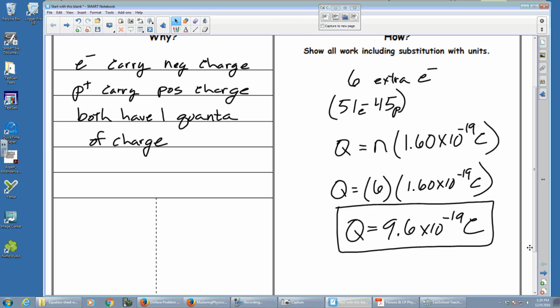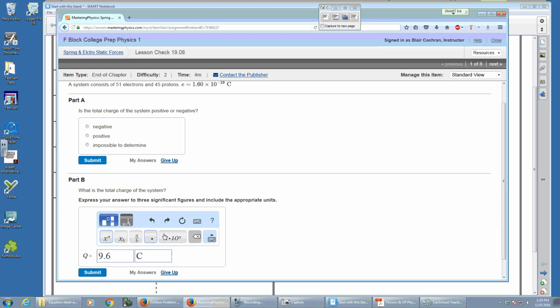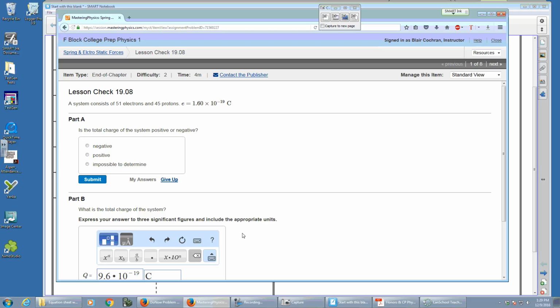I hope I'm right. So I'm going to put in 9.6. Then I'm going to use their controls to put in times 10 to the minus 19th. Incorrect. Where did I mess up?